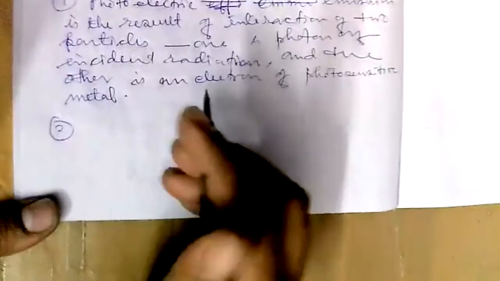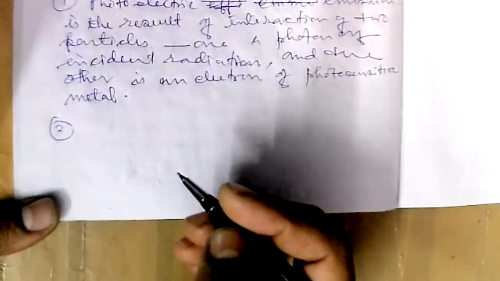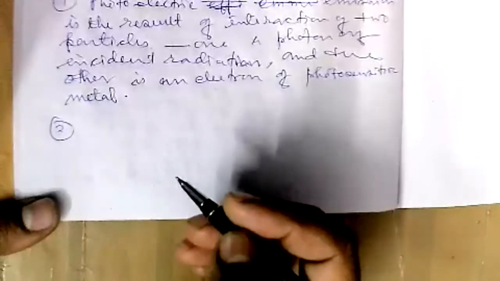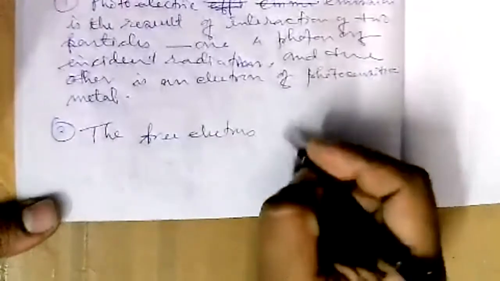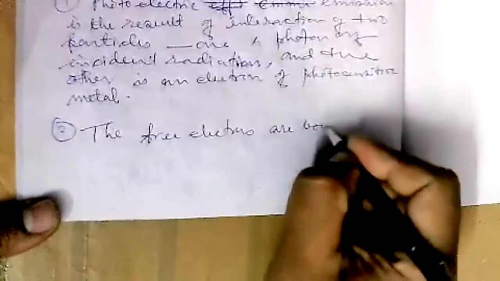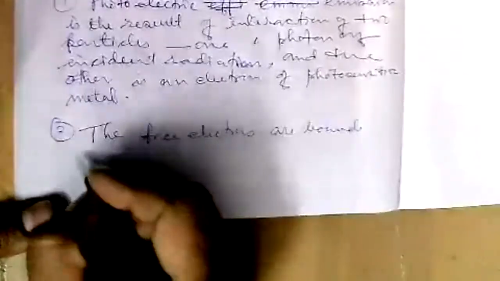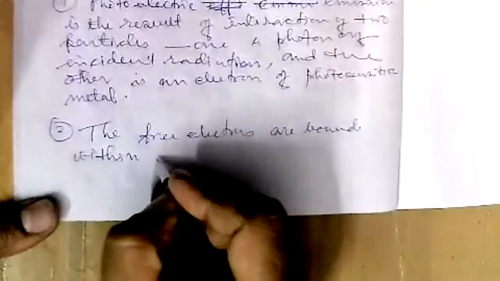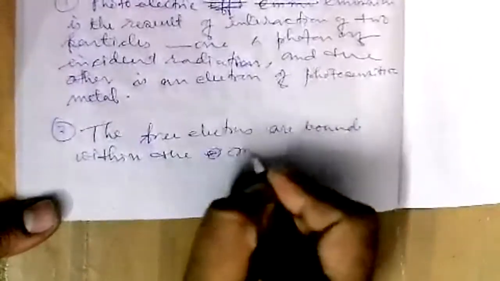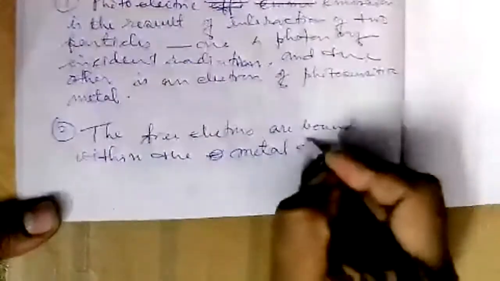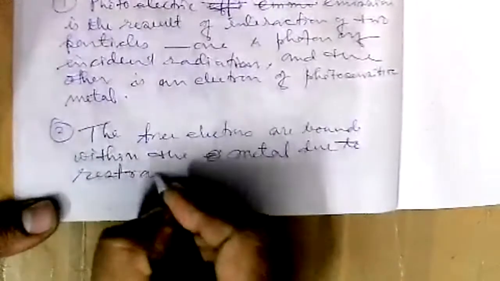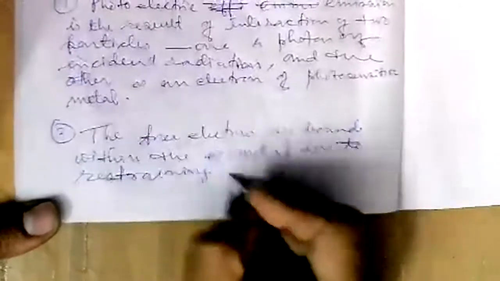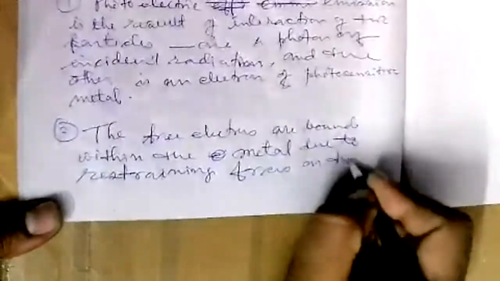Secondly, the free electrons are bound within the metal due to restraining forces on the surface.